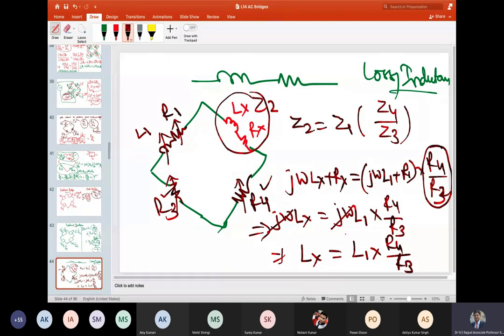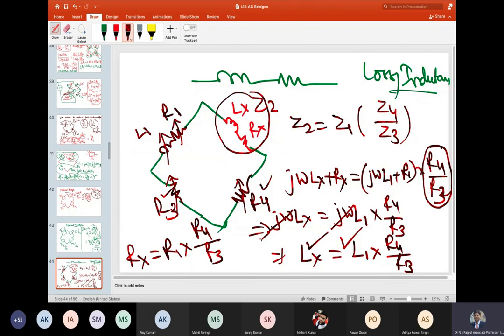So in this way, with respect to a known inductance, you are able to calculate the unknown inductance, right? Similarly, for the same situation, what your Rx will be? So Rx will be equal to R1 multiplied by R4 by R3, right?